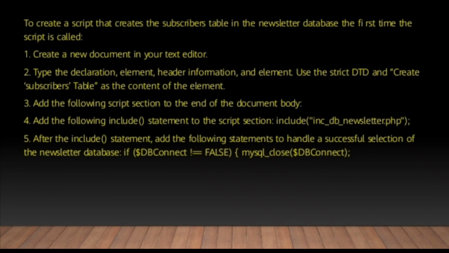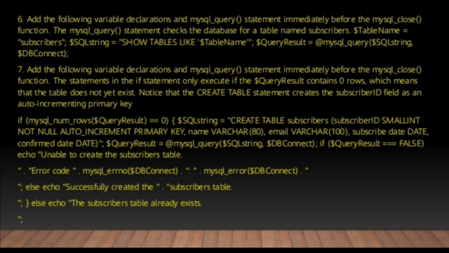Then add the following script section to the end of the document body, and add the following include statement to the script section. After the include statement, add the following statement to handle a successful selection of the newsletter database. Add the following variable declaration and mysql_query statement immediately before the mysql_close function. The mysql_query statement checks the database for a table named subscribers.